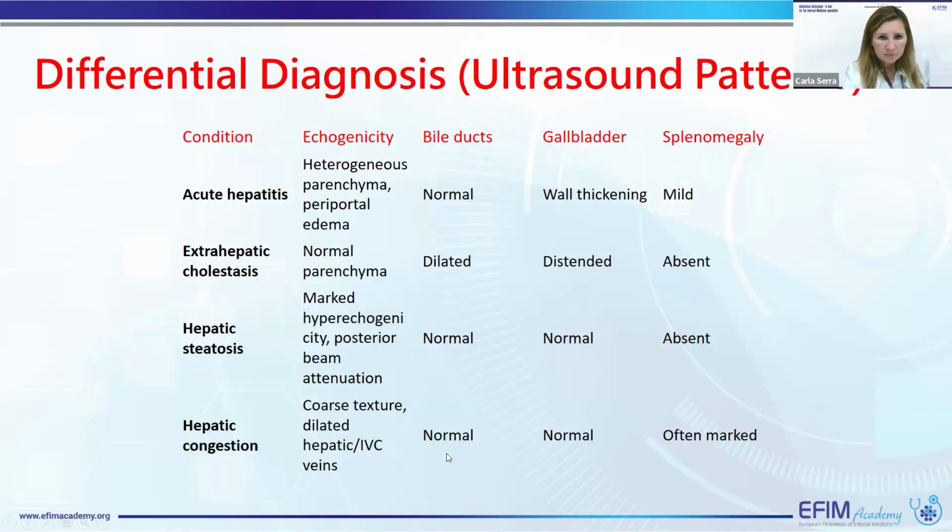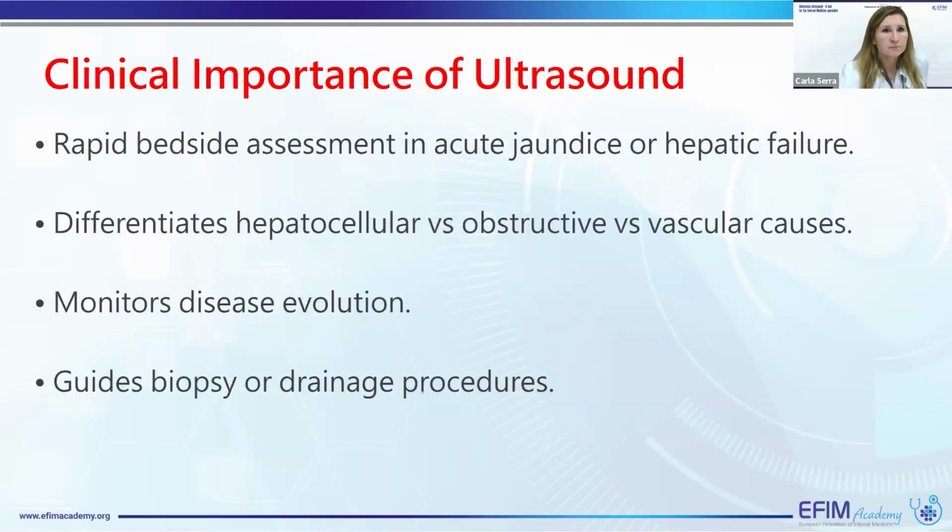And so it's important to evaluate both the B-mode finding and the vascular finding, because you can see that we can differentiate different causes of alteration of the hepatic laboratory tests.